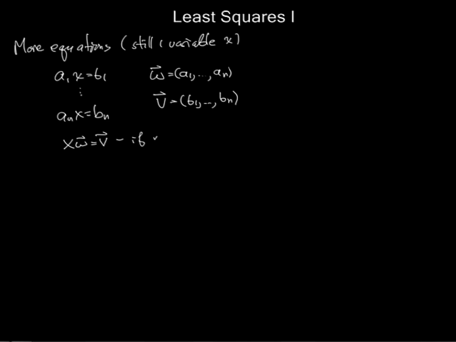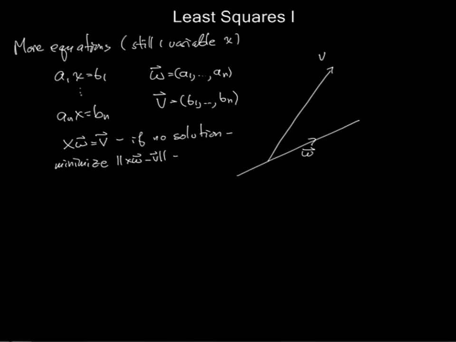And if we can't solve it, we'd like to do the best we can. And again, we want to minimize the distance from this vector to the line. And the only difference is we're working in Rn now instead of R2.